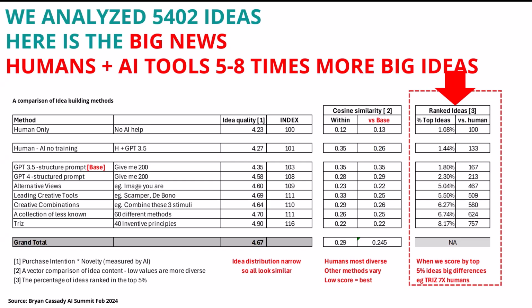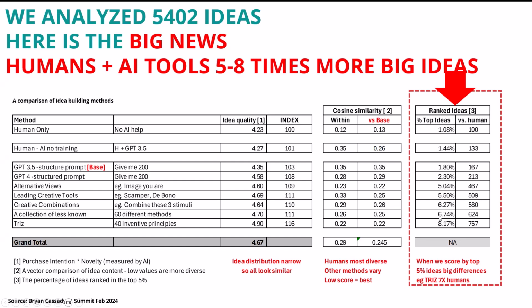So we're looking at 1 idea per 100 for humans, and humans with AI, 1.5. Humans plus a clear target and AI get about double. And here we're looking at, with AI, somewhere between 5 in 100 and 8 in 100.